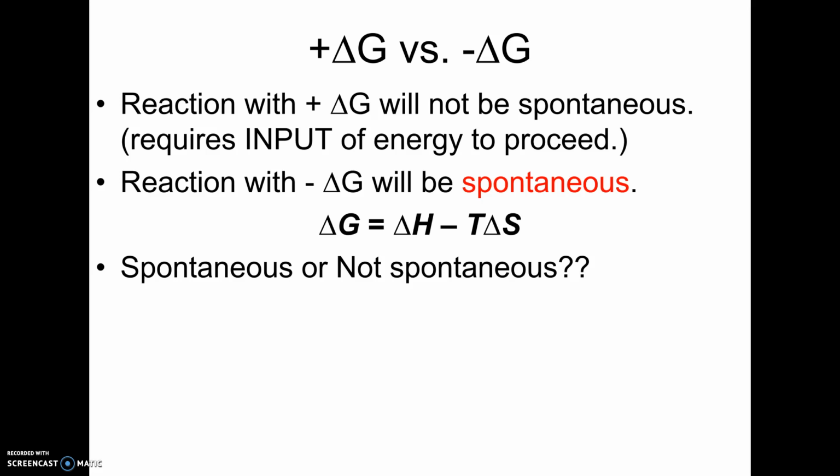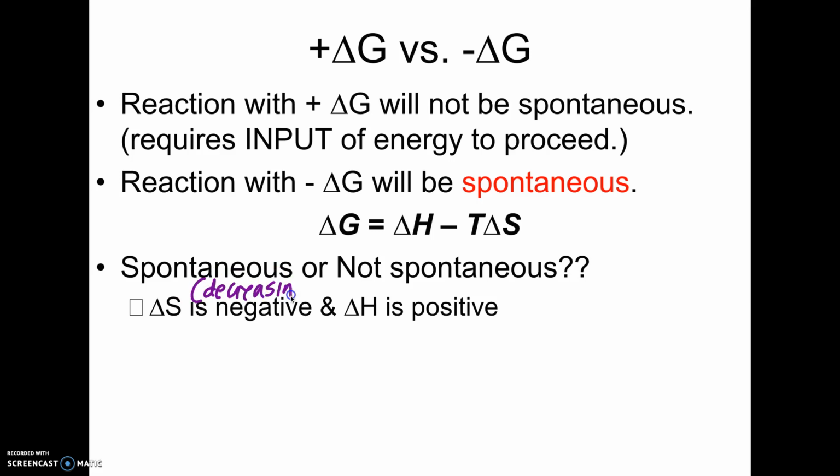You could, in some cases, tell whether a reaction is going to be spontaneous or not just by the signs on the different variables. For example, if delta S is negative, which means we're decreasing entropy, we're making something more orderly, and delta H is positive, so we're increasing the total energy of the system, will delta G be positive or negative?